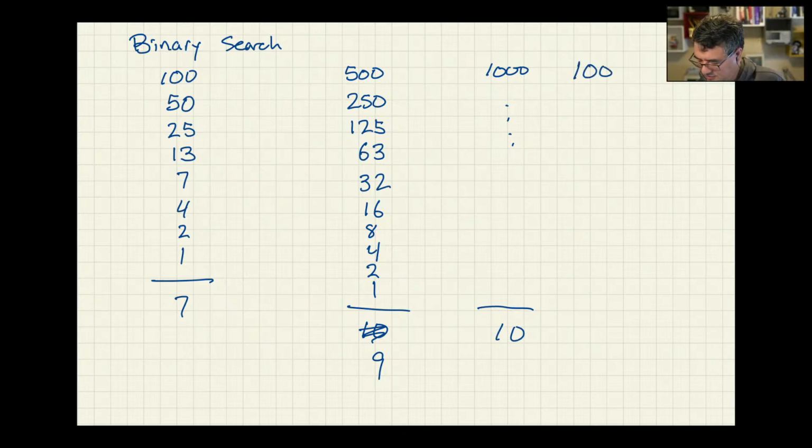And if we have, in our case, 100,000, it's going to be the log base 2 of 100,000, and then round it up.